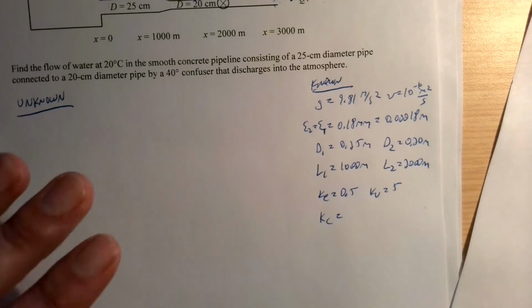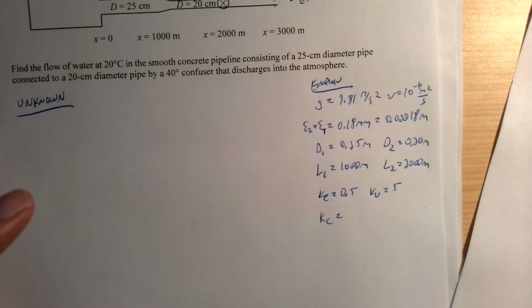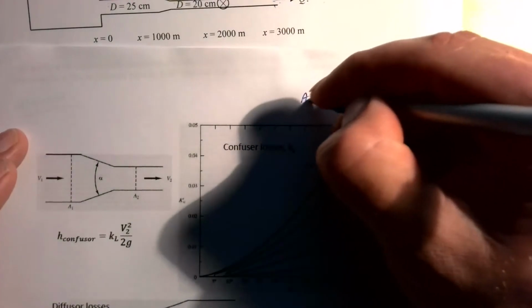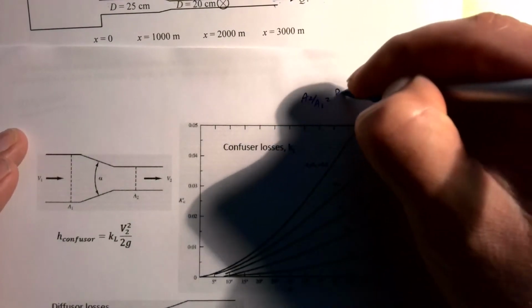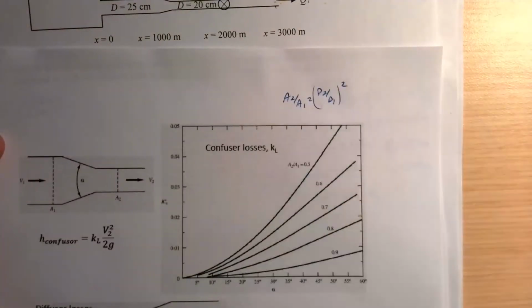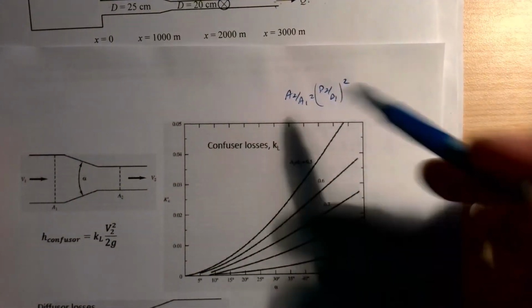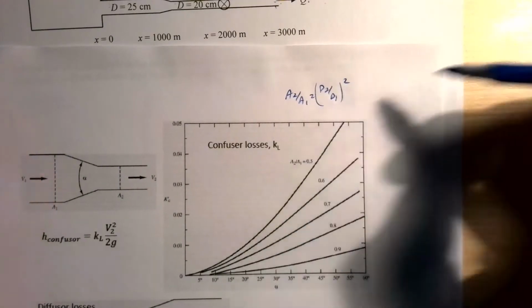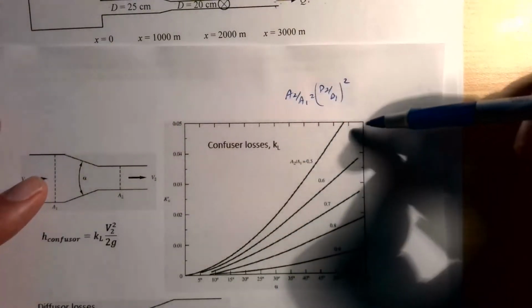So A2 over A1 is going to be D2 over D1 squared, because it's pi d squared over 4 for both of them, so the pi's and whatnot cancel.